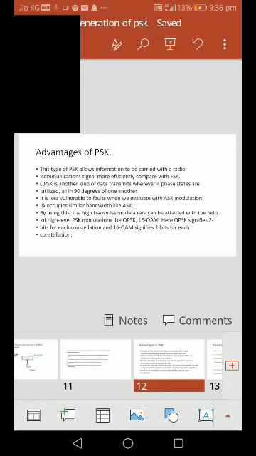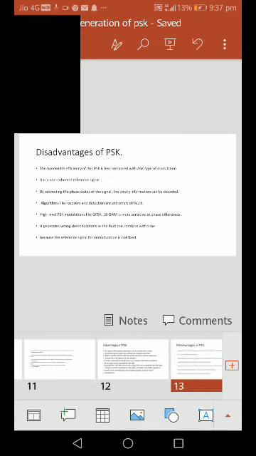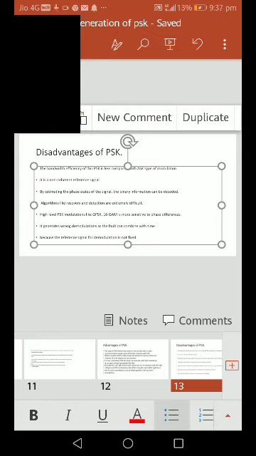A high transmission data rate can be attained with high-level PSK modulation like QPSK and 16-QAM. QPSK carries 2 bits per constellation point.